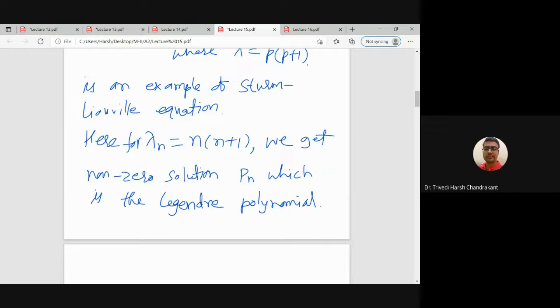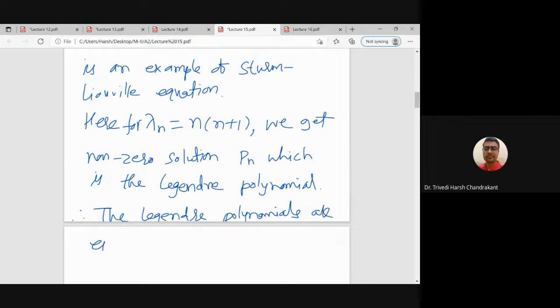Right, so that means the Legendre polynomials are eigenfunctions. So which Legendre polynomial?